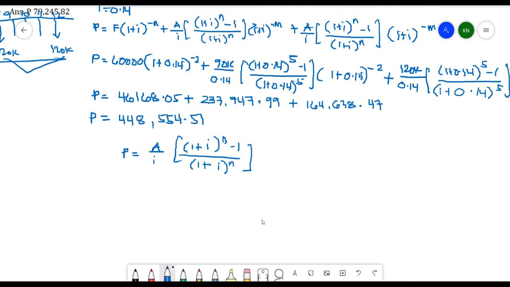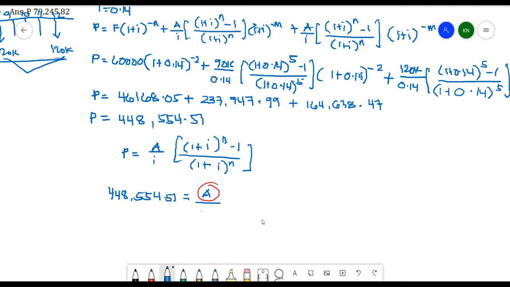So substituting the values, we have P is equivalent to 448,554.51, and our A is unknown since this is our goal, to look for the equivalent yearly annual cost.